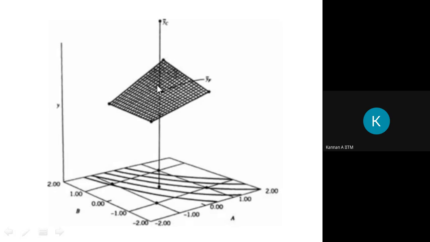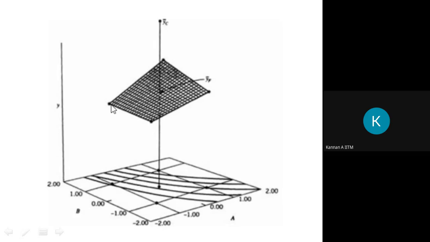What we can do is compare the average value of the center points with the average value of the corner points. If the average value of the corner points and the average value of the center points are more or less equal, then we can say that there is no curvature in the response surface.